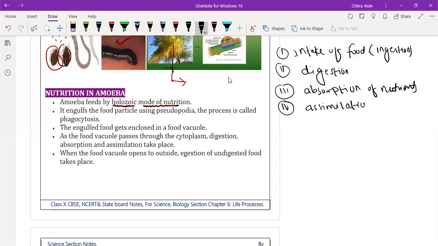And the last step is excretion, which is nothing but the removal of the waste material out from the body. It's called as excretion, and it is also called as egestion. Okay? So all these processes come in the holozoic mode of nutrition. Okay, beta?